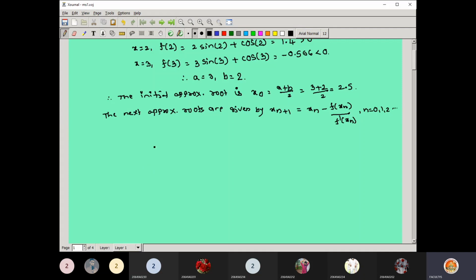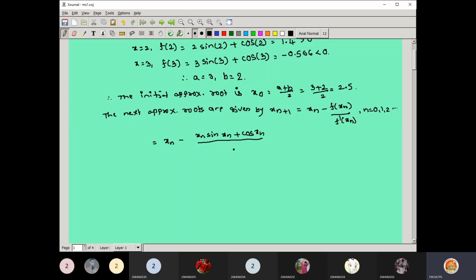Substituting, x n you keep as it is, minus f of x n, where in the given function x is replaced by x n: x n sine of x n plus cos x n.